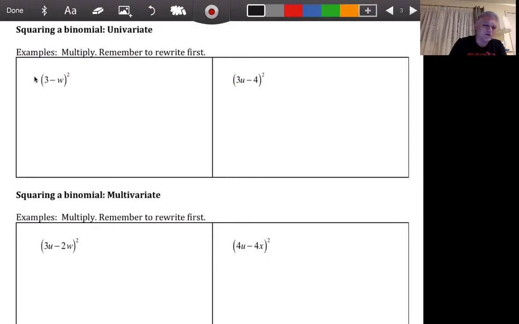Now if you look, this is a much shorter looking question. There's one binomial with a little squared up here. Well, if you square something, you are multiplying it by itself. So I'm going to rewrite 3 minus w squared as 3 minus w times itself.